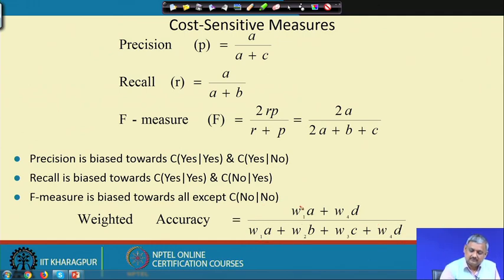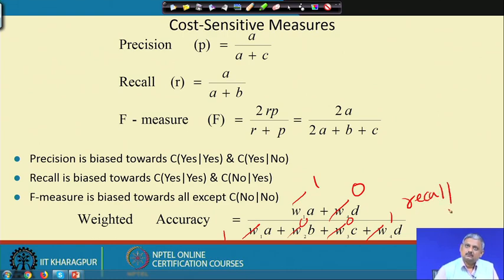If this is equal to 1 and this is equal to 0, then weighted accuracy equals precision. Similarly, if these are 1, 0, 0, 1, you have recall.